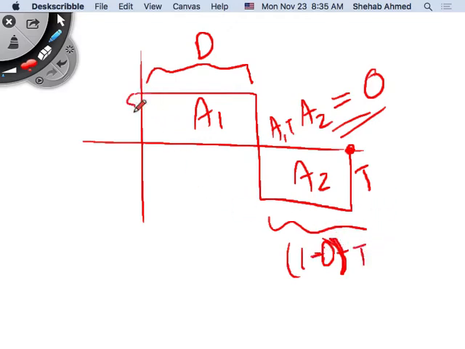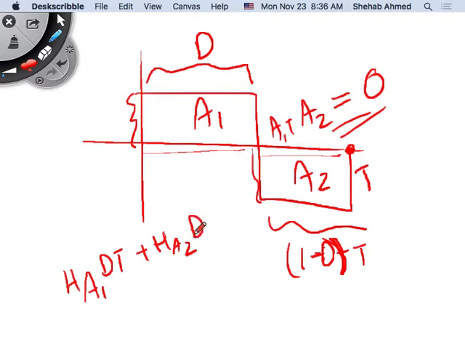So this height times D plus this height times 1 minus D is equal to 0 because the T's cancel, right?